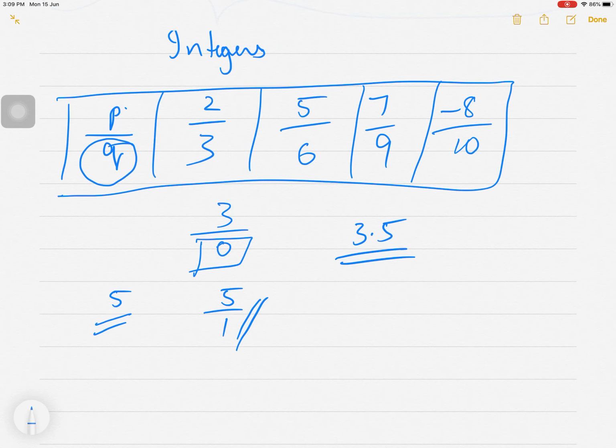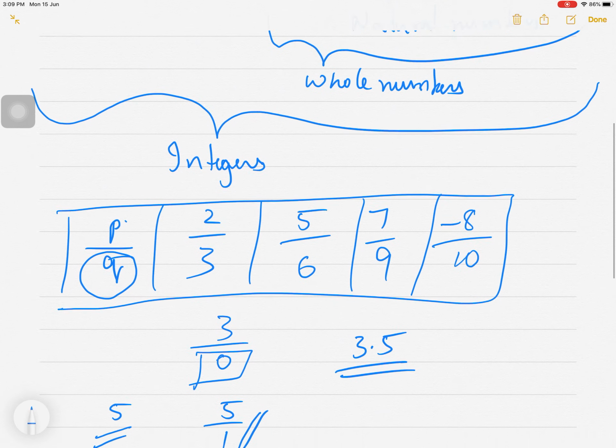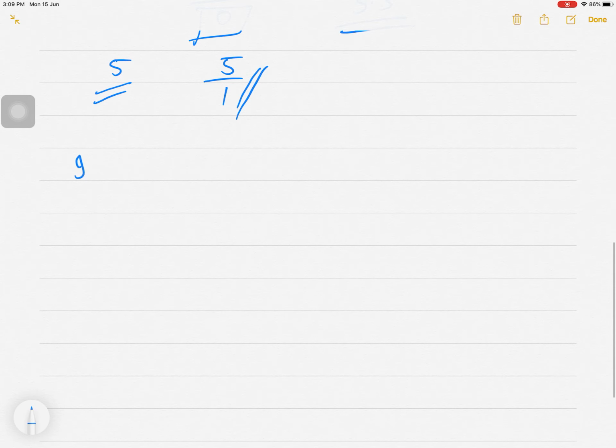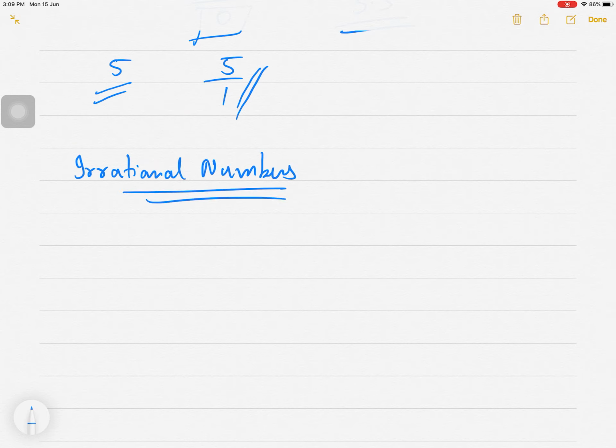But there are some numbers which are irrational numbers. What are irrational numbers? Numbers which are neither terminating nor repeating are called irrational numbers.